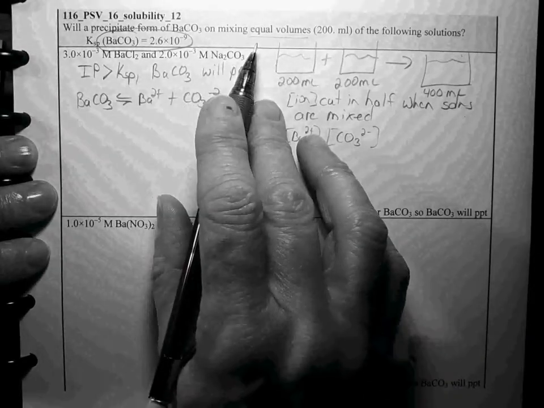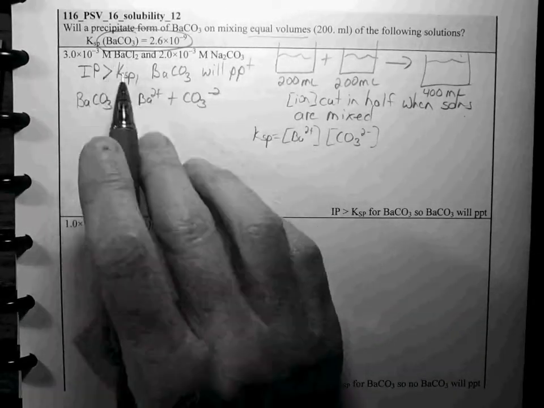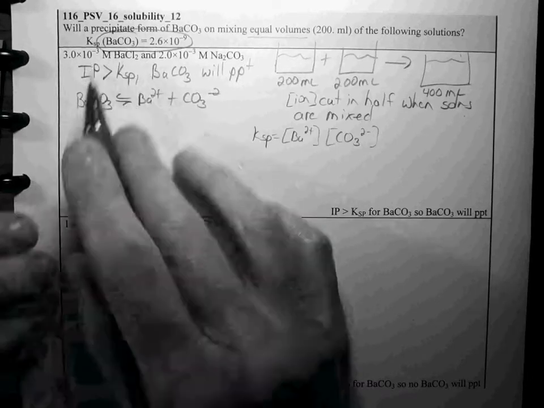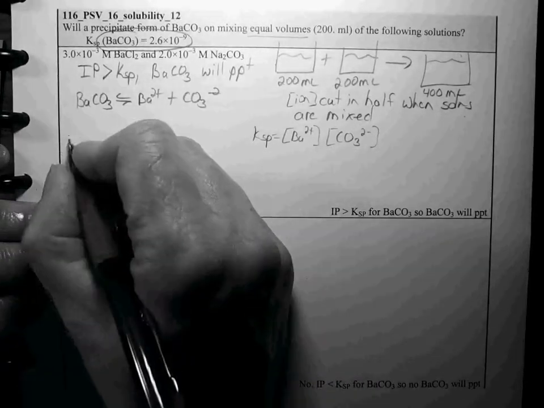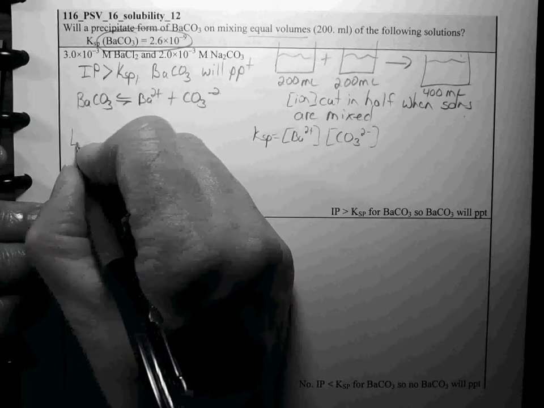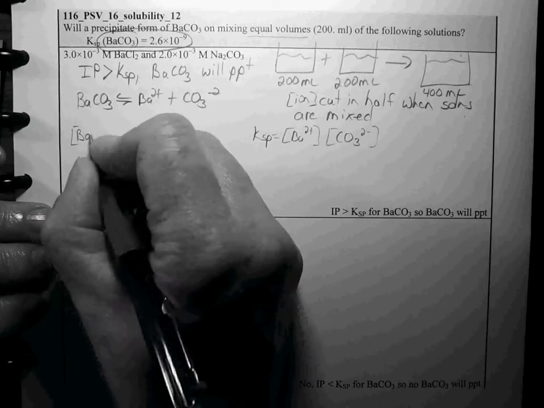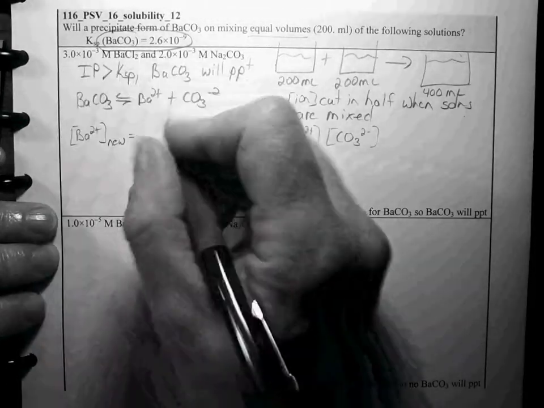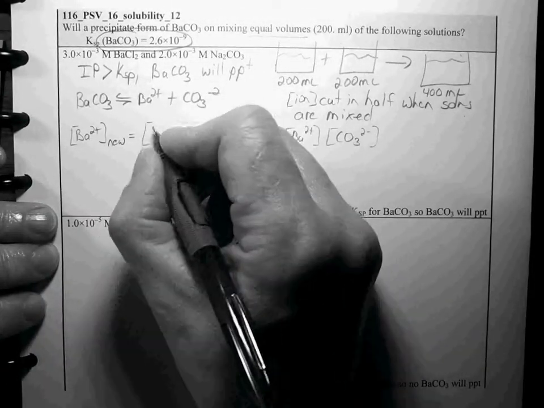So what are our initial concentrations of these ions? Well, the barium is going to come from the barium chloride, so it's going to be the old concentration divided by 2.